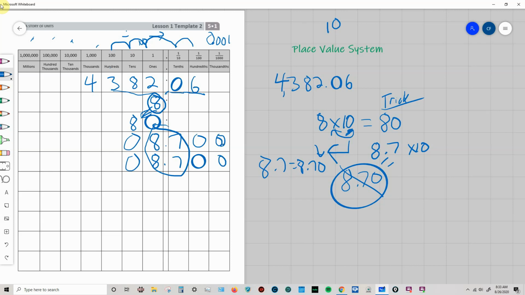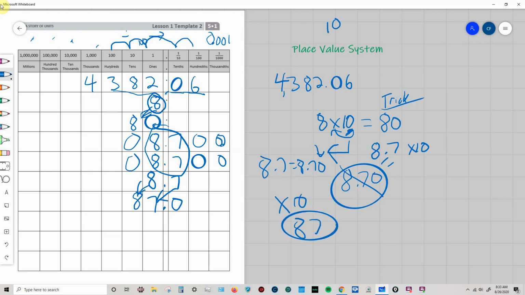Understand why it works. Again, if I put in 8.7 and I'm going to do it times 10, I'm going to increase the 8 one place value to 8 10s, and I'm going to increase the tenths one place value to 7 1s, and that leaves me with 0 in the decimals, and the answer is 87.